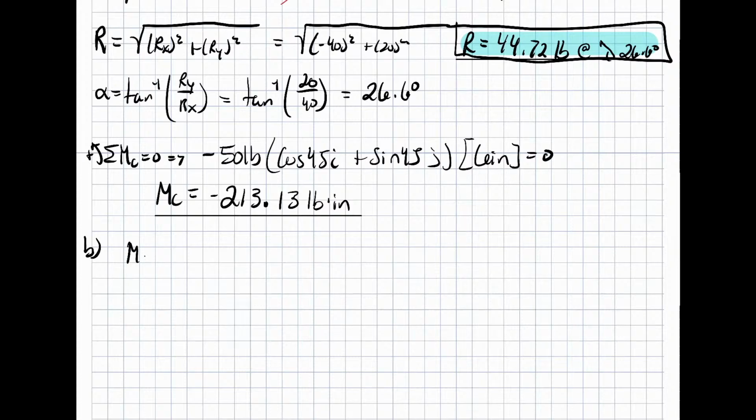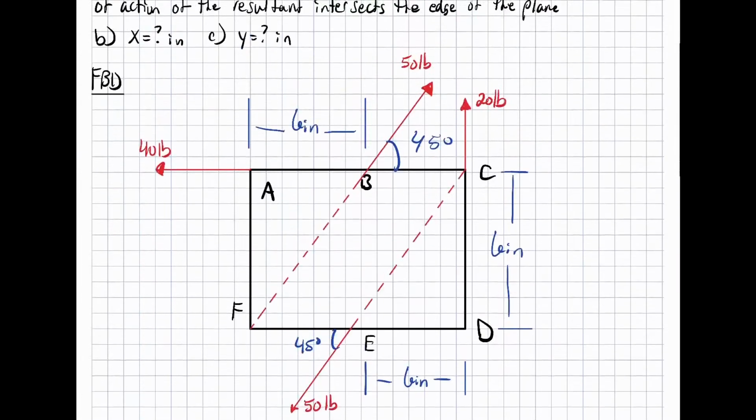So the equation is going to be M_C is equal to, not P, 20 pounds times the x direction. The reason I chose 20 pounds is that we're taking a moment about C, and this is going to be the x direction.